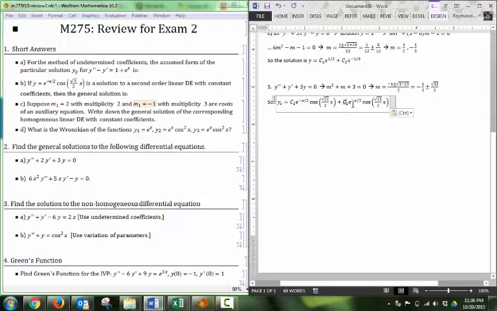So just copy and paste that and change a couple of things here, like the sub 1 and the sub 2, and the cosine into sine. Okay, so that's the first part of this.